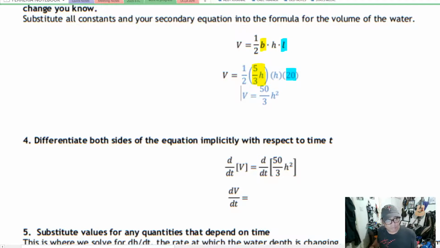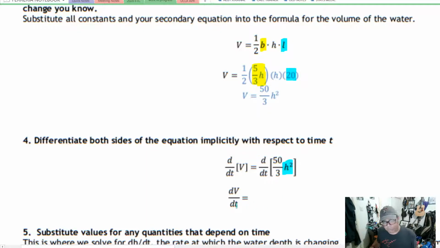The derivative of v with respect to time is equal to the derivative of 50/3 h squared with respect to time. 50/3 is constant. So the only thing I need to take a derivative of is h squared.